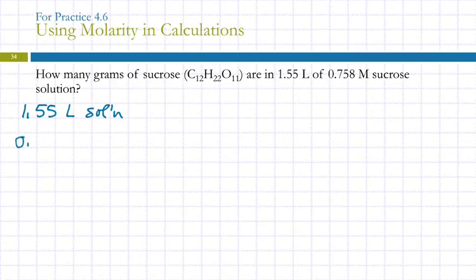And we've got 0.758 capital M. So capital M is a great abbreviation. You're typing on the computer, it's really easy to do. But when we look at it here, we don't recognize that that's our conversion factor. So when you write it out, don't write the capital M.